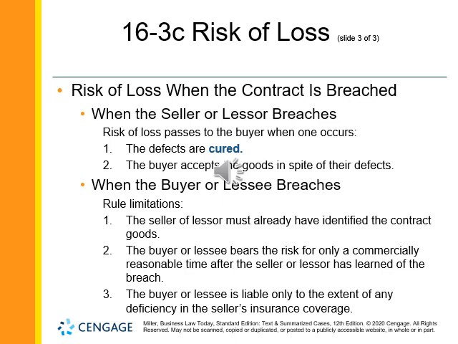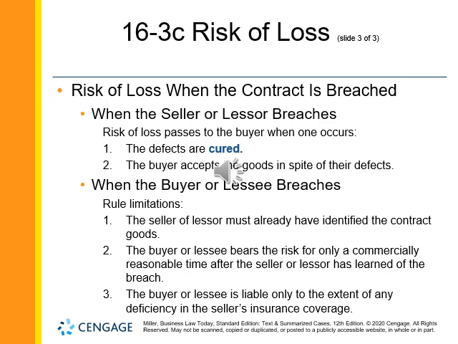When a buyer or lessee breaches a contract for sale or lease of goods, the risk of loss immediately shifts to the buyer or lessee, but only if the seller or lessor has already identified the goods.